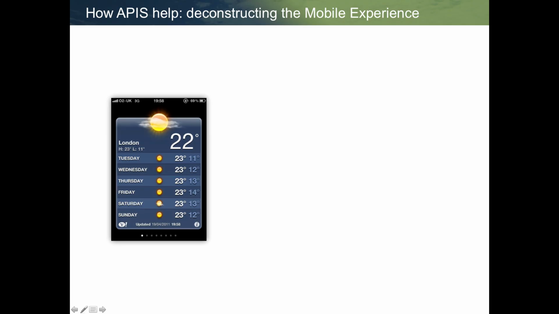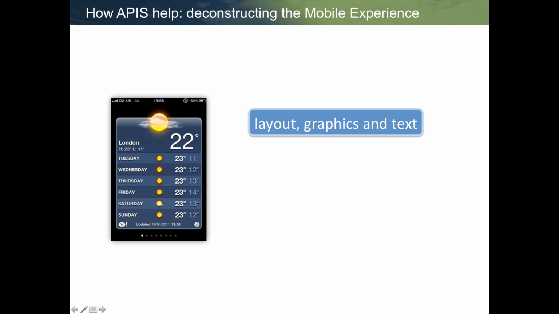So when we do this mobile app experience and we're looking at APIs, we look at how the mobile experience was created. Here is my query for my mobile application that's going to give me a view of the weather forecast for London. We lay out the graphics in text.